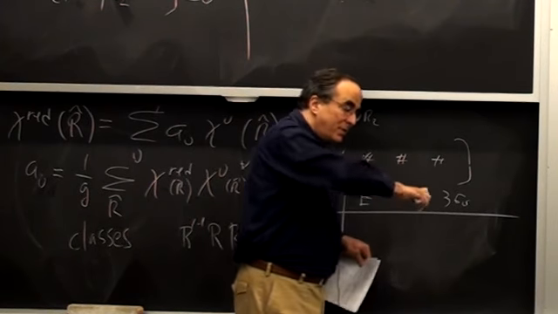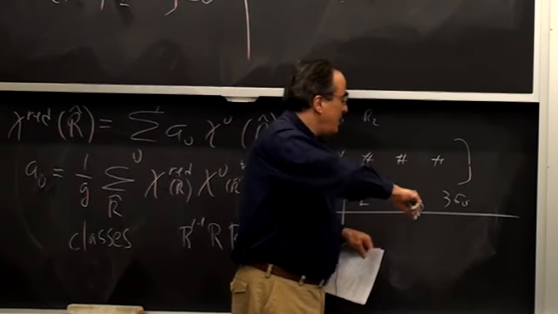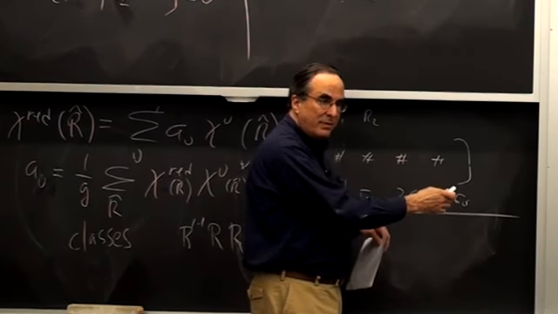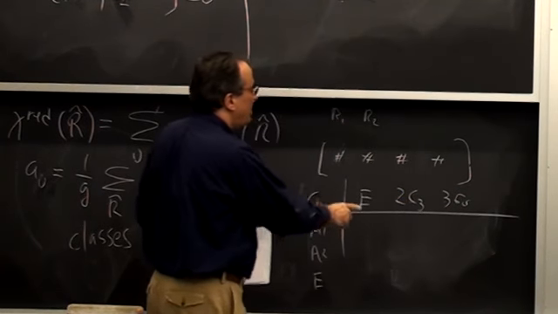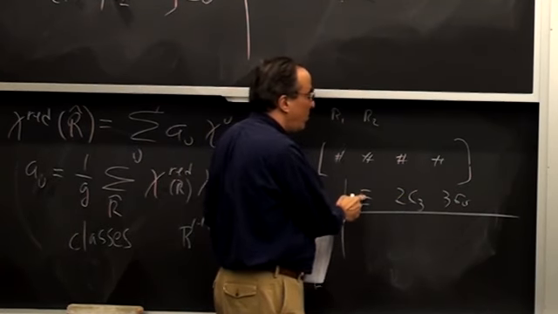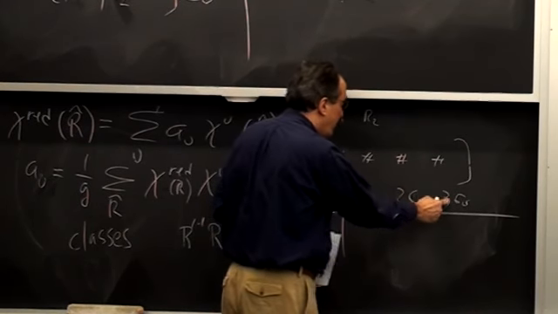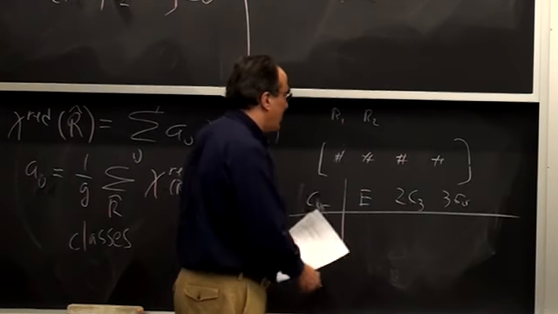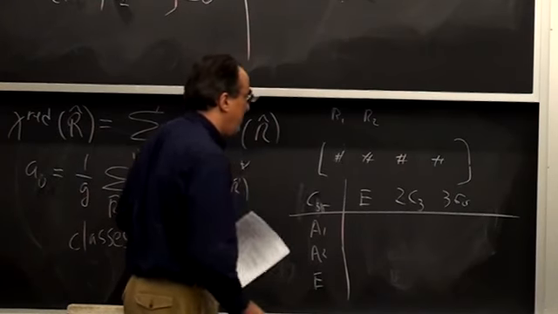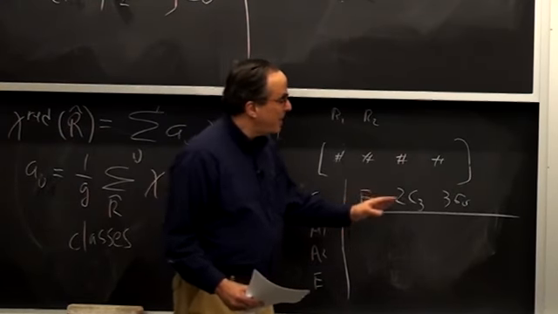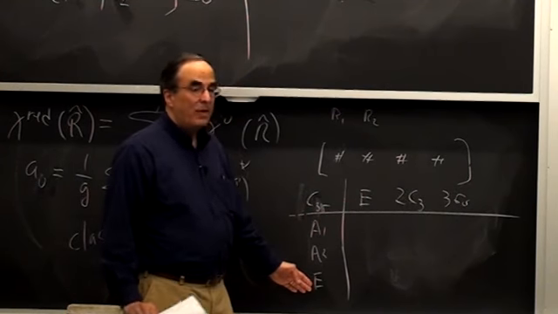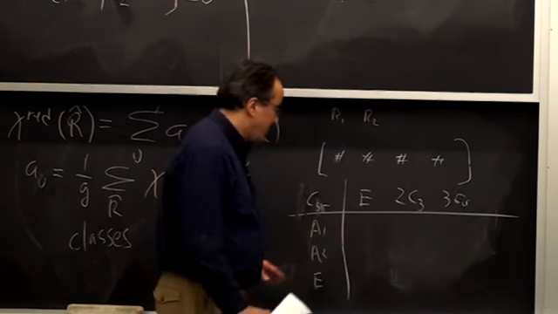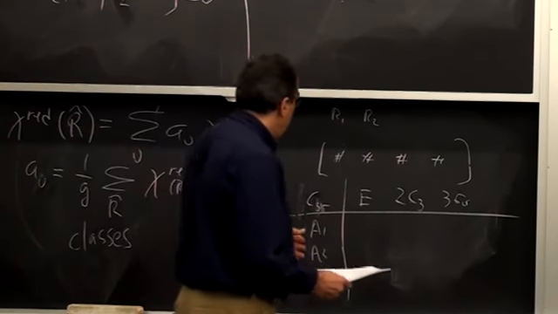There are two C3s, C3 and C3 squared, or C3 and C3 inverse. There are three σv's. So there's a class of dimension 1, a class of dimension 2, a class of dimension 3. And when you do that, you discover that the character table is square, because there are the same number of irreducible representations as there are classes. And that's wonderful.